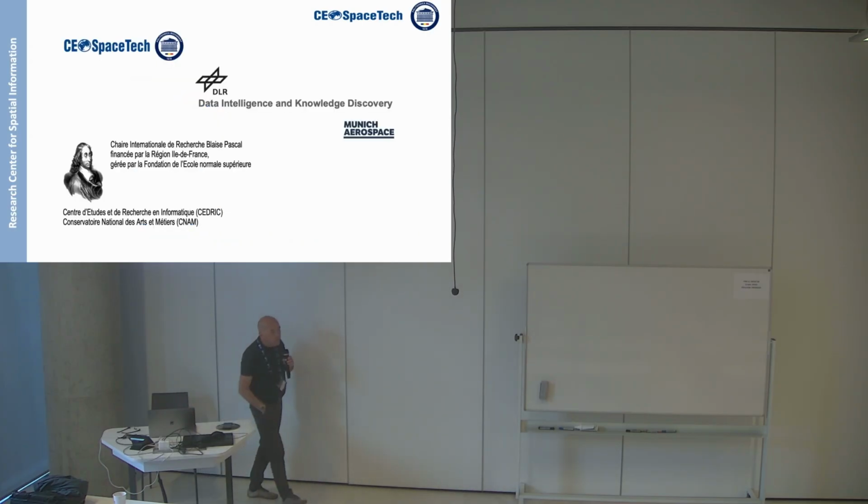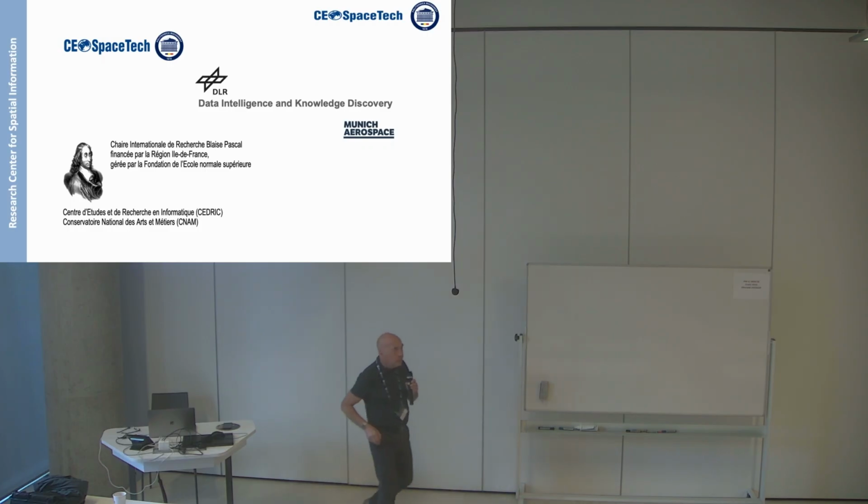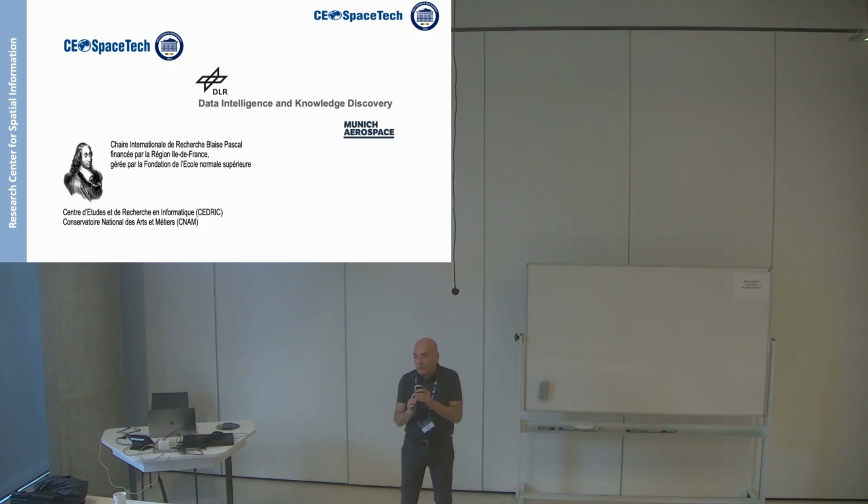Now, I would like, from the very beginning, to acknowledge my colleagues, my team at Polytechnica University in Bucharest, the team of Geospace Tech. It's a research center for spatial information. We are working mainly responding to European Space Agency tenders, ITTs. Our field is going from radar, so we build radars.